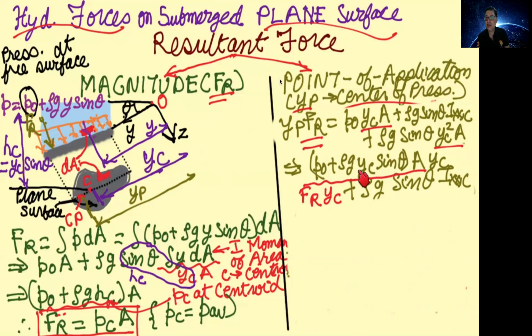So this total term is equal to Fr, and then it's multiplied by yc. So this is Fr into yc. On the left hand side you have yp into Fr. On the right hand side, the first term becomes Fr into yc.